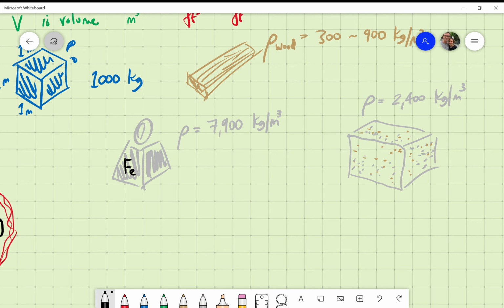And one more, if we want to go to the extreme end of the scale, if you can get really, really dense plutonium. Let's say this is a rod of enriched radioactive plutonium. That can be somewhere around the 20,000 kilogram per cubic meter mark. 20 times as heavy as water.